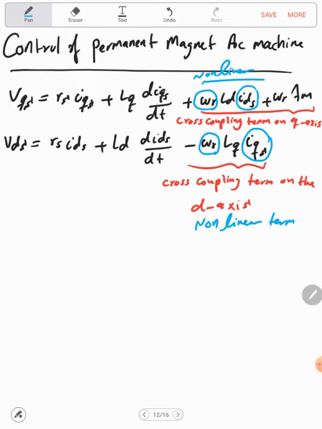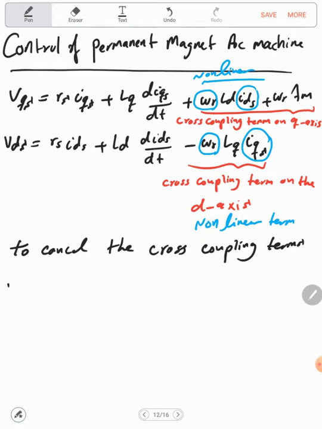A tool in control theory states that we can cancel any term using a feedback. So simply how we can do that. The first step, to cancel the cross coupling terms, let's reshape the voltage.